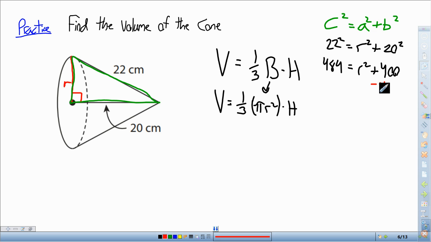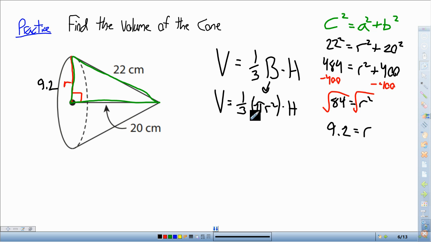Solving for r, subtract 400 from both sides, and it looks like we're getting 84 equals r squared. Taking the square root of both sides, the square root of 84 is 9.16, so I'm going to round that to 9.2. So there is my radius, 9.2.